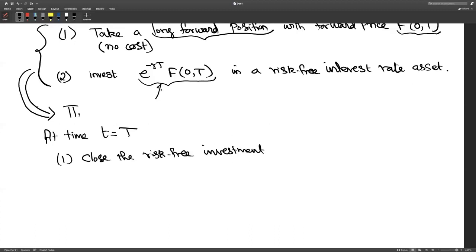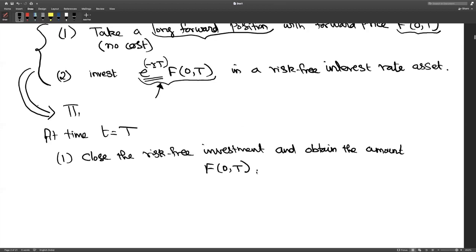This is the initial investment you made, and it is continuously compounding with an amplification factor e to the power of rT. Therefore, e to the power of rT and e to the power of minus rT get cancelled, and you will get back the amount f of 0, T. That is the amount you will get back from the risk-free investment.